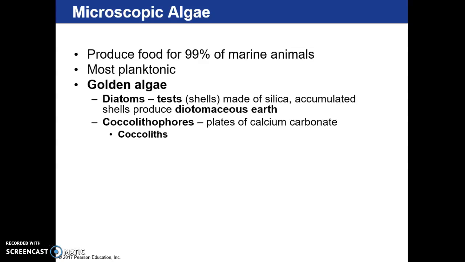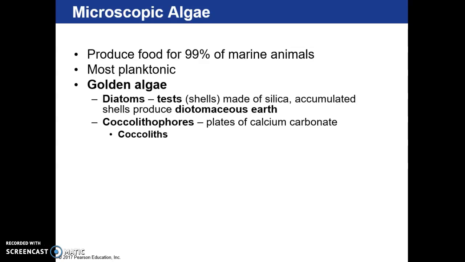And then our next category is our microscopic algae. These are mostly planktonic, and these guys are what basically create the base of 99% of the food webs for marine animals. The only marine animals that would not include this in their food web are the ones that are purely scavengers.